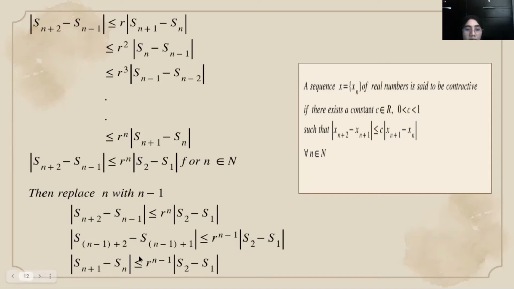And then n minus 1 plus 1, negative 1 plus 1 is 0. So Sn, so less than or equal to R power of n minus 1, and then absolute S2 minus S1. So the lemma 1 is proven.